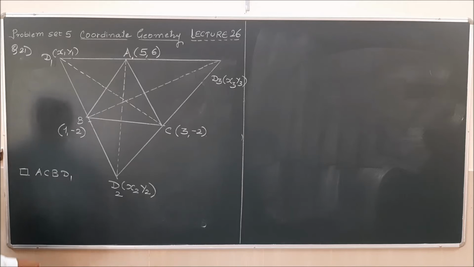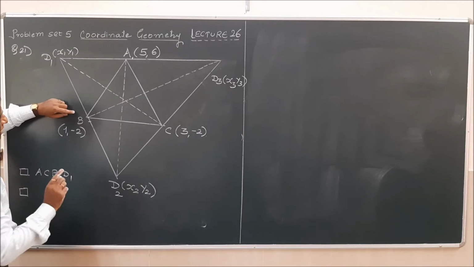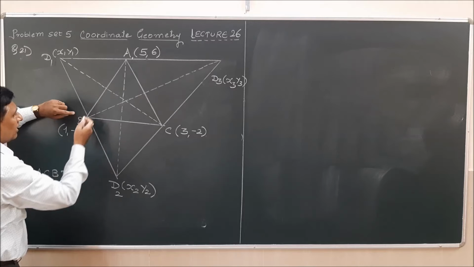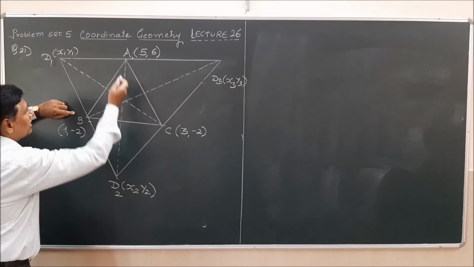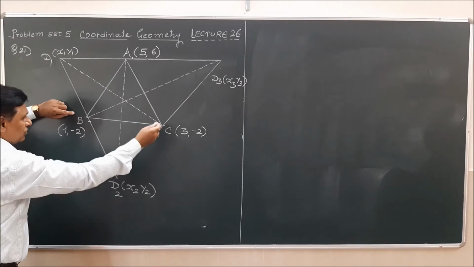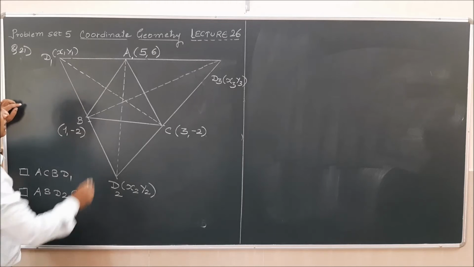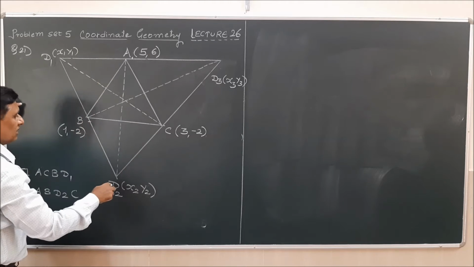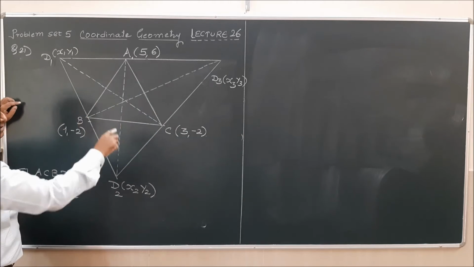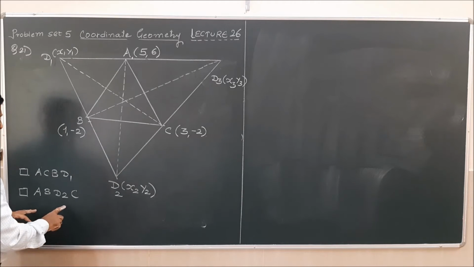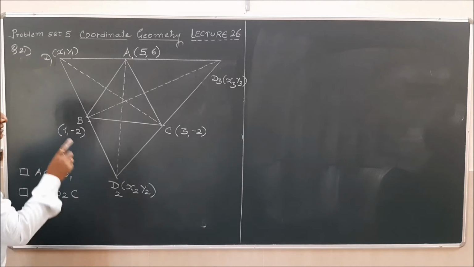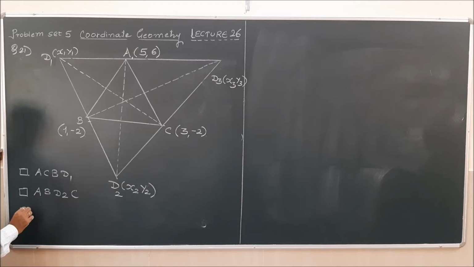As well you will get the second one, quadrilateral ABD2C. This is our second quadrilateral.